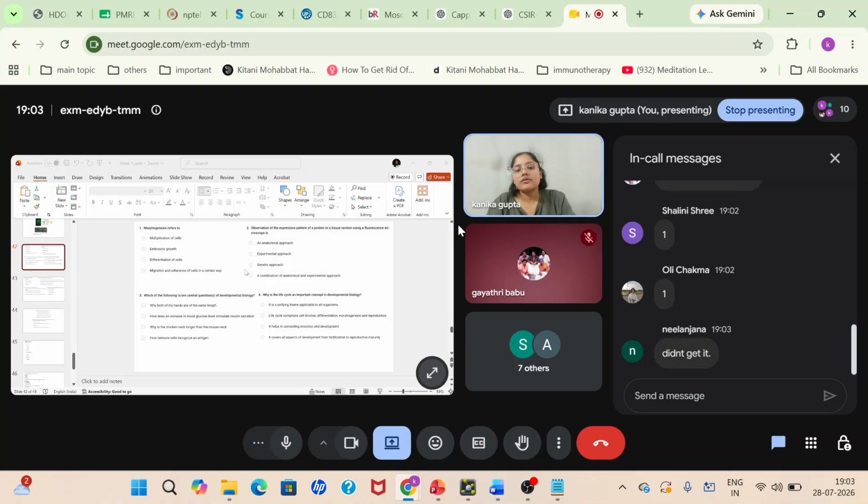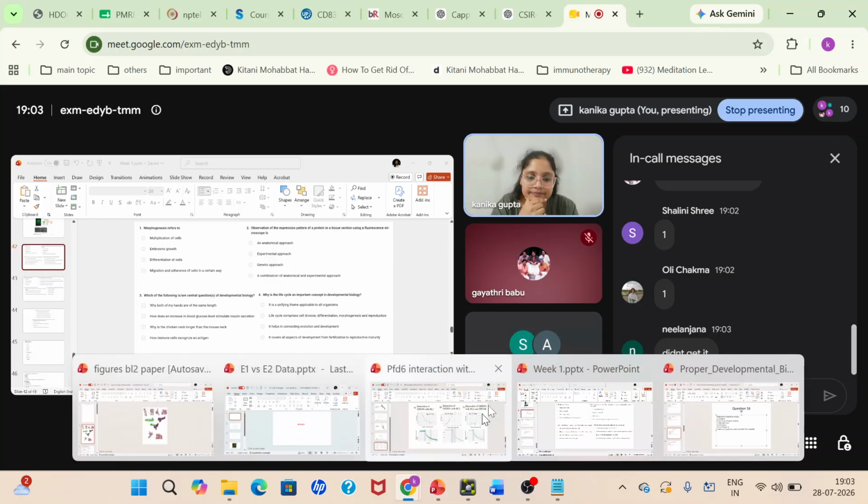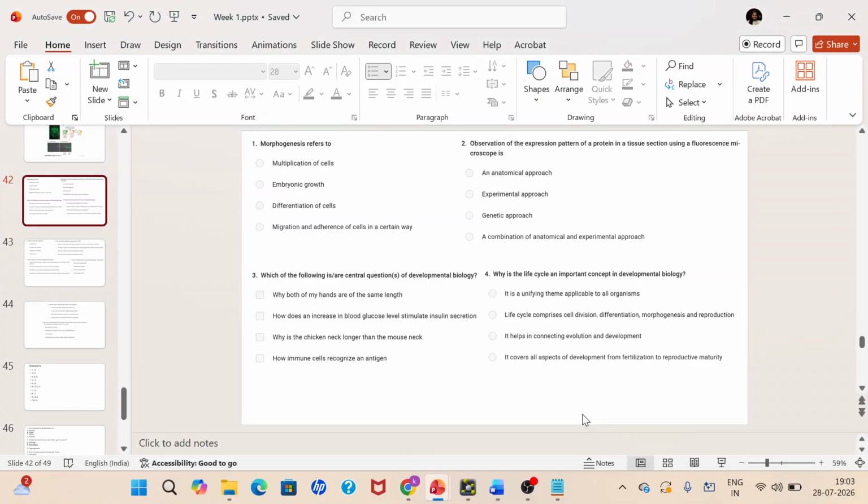Didn't get it. Okay. So basically, the question, Nilanjana, is, if you remember, we have studied some approaches to study embryology. One of the approaches was the anatomical approach. They are asking about observation of an expression pattern of a protein in a tissue section using a fluorescence microscope.